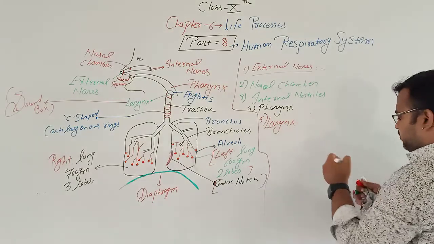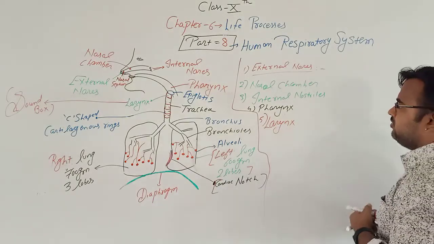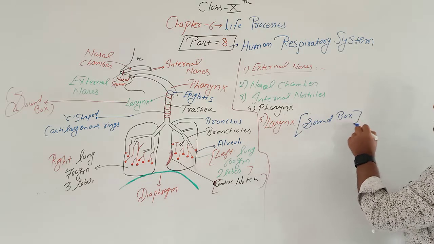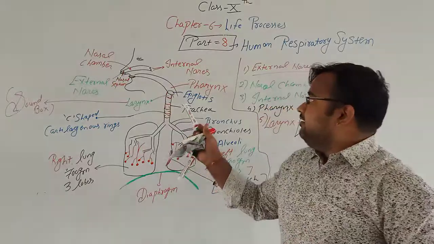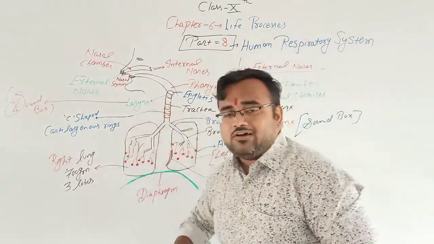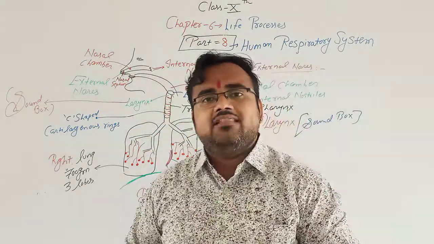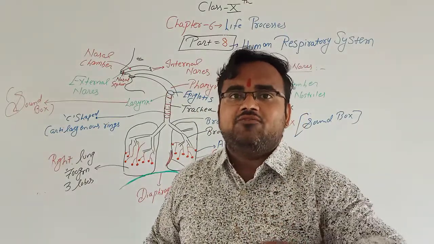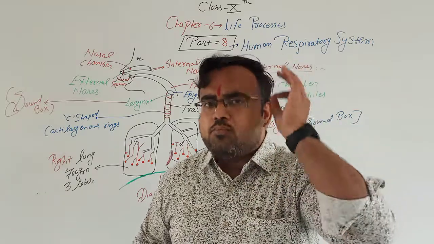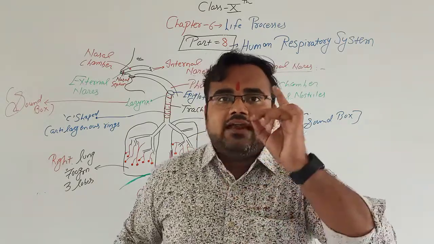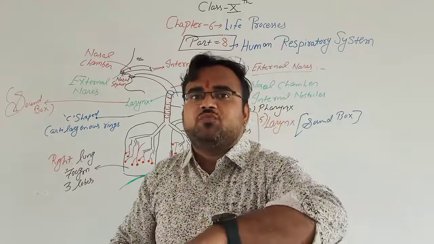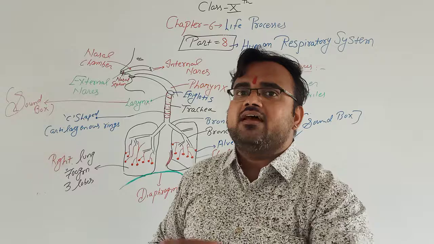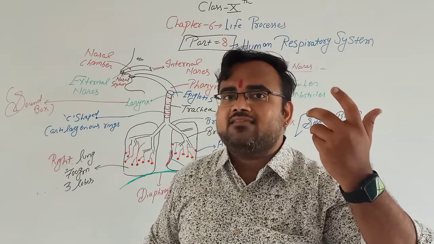Larynx is also known as the sound box. In the larynx, when there is a vibration, the voice will come out. But the most important point is that voice is converted into speech only by the tongue. If the tongue is not present, only voice will come out from the larynx.